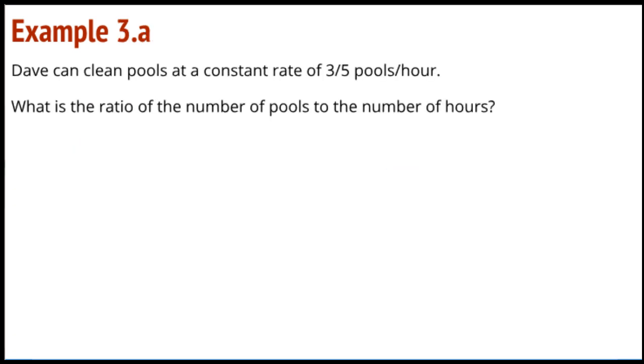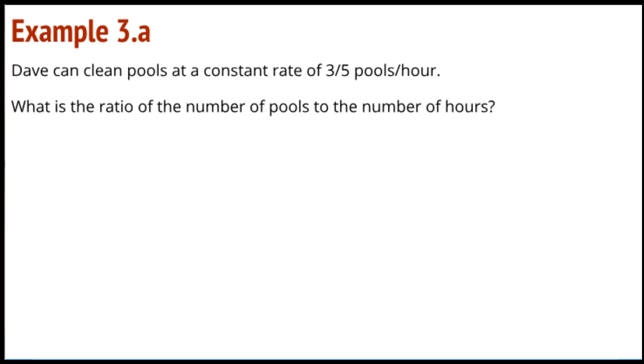All right, example 3a. Dave can clean pools at a constant rate of 3/5 pools per hour. And they're asking, what is the ratio of the number of pools to the number of hours? Well, I need to take this apart.